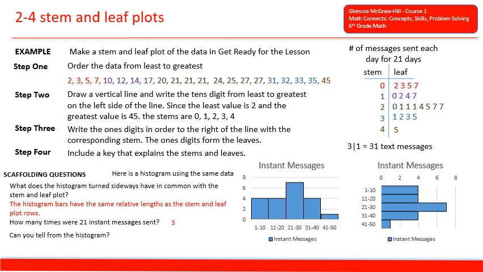The answer is 3. Can you tell from the histogram? No, you must look at the stem and leaf plot. In the stem and leaf plot, it's easy to see which number repeats itself the most. It's 21. It's pretty obvious. Stem 2, there are 3 ones right in a row. And we know the next closest one would be 27, which has 2.